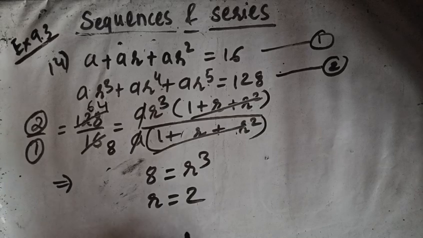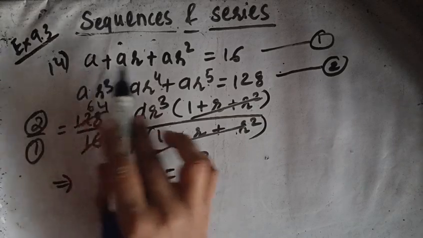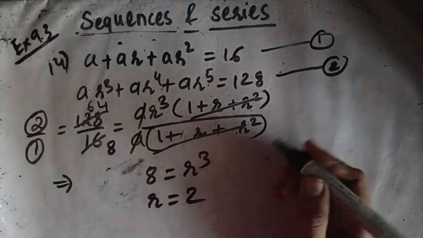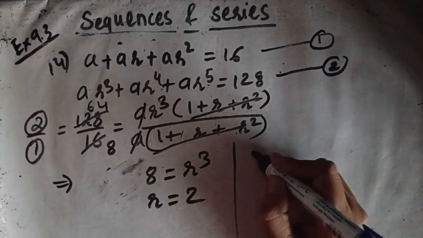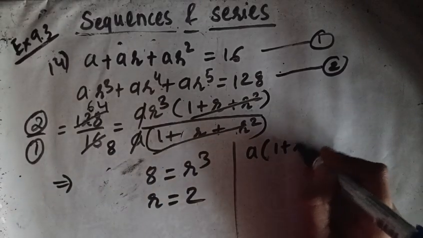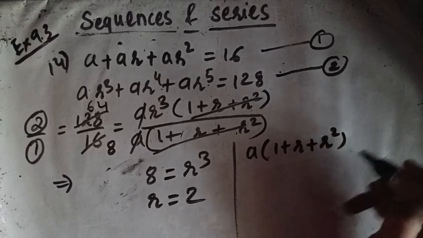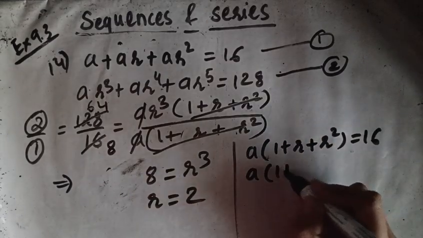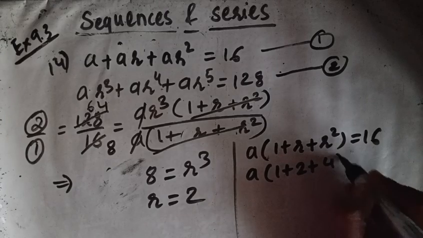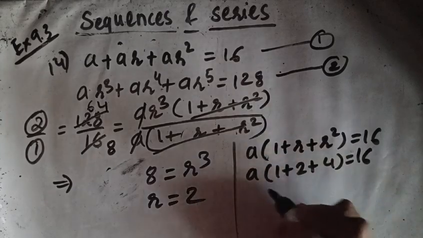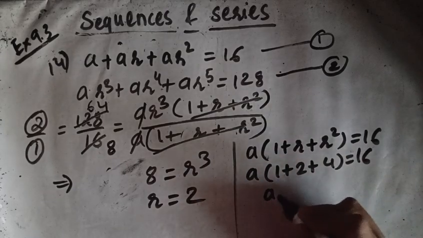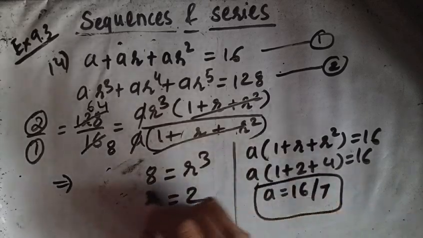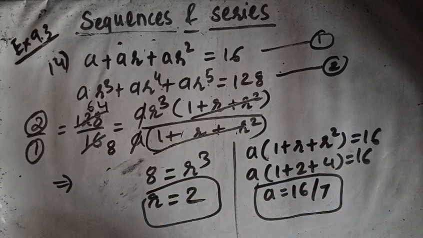Then you can substitute r in any one of the equations and you will get a. 6 plus 1, 7. 16 by 7. So this is a, this is r. Okay.